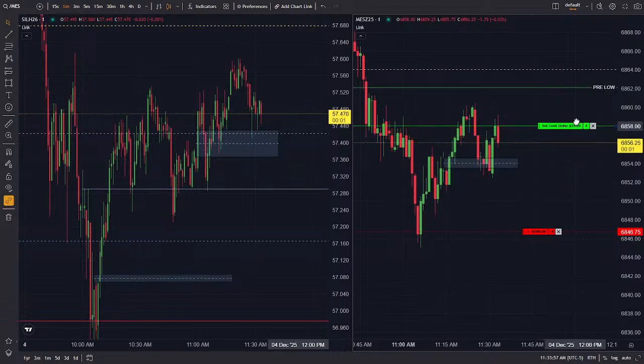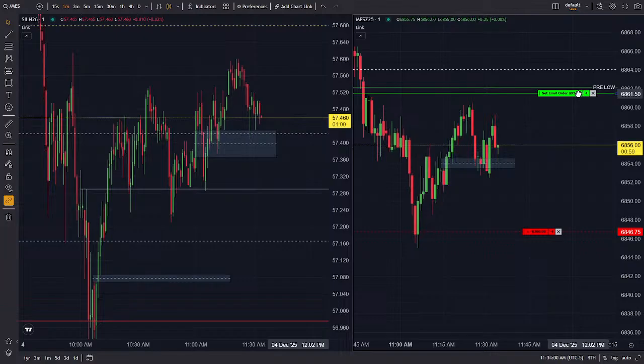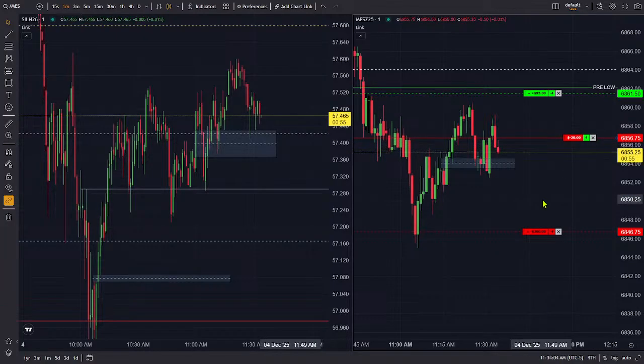I'm just going to go for low-hanging fruit right here, right there. And I may end up killing this one too. I don't like that push down right there at all.